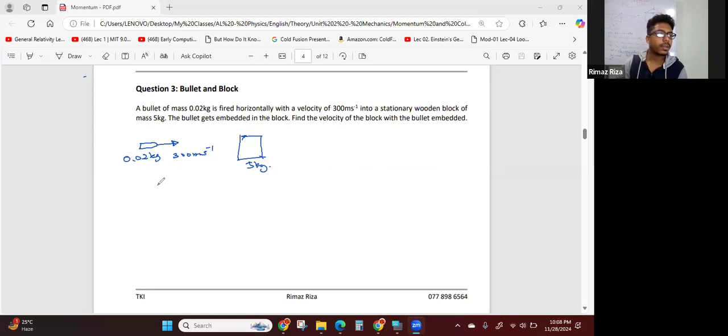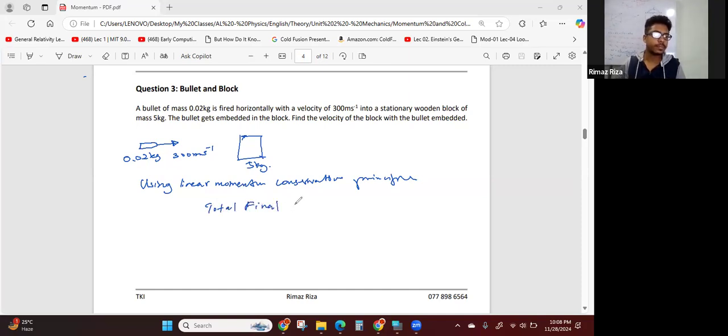So using the linear momentum conservation principle, total momentum before collision, or we can say the total final momentum, is equal to the total initial momentum.